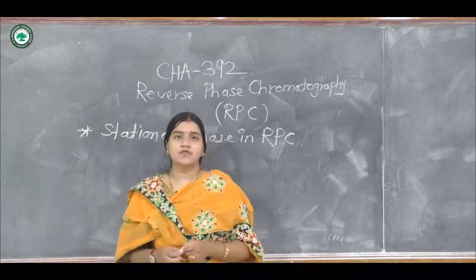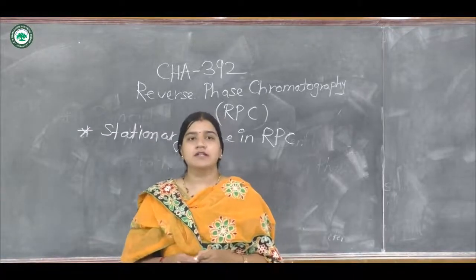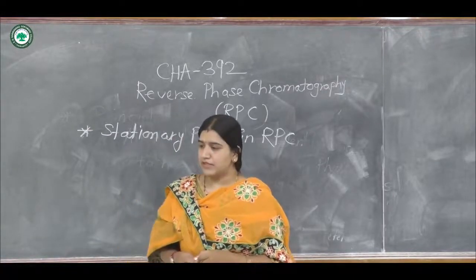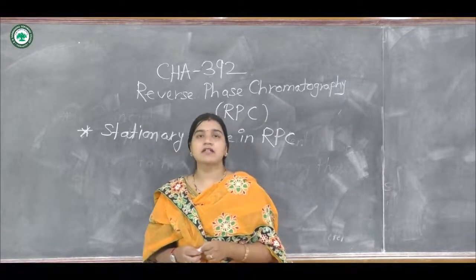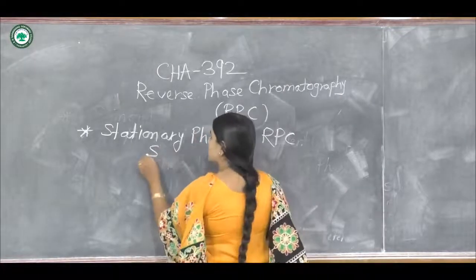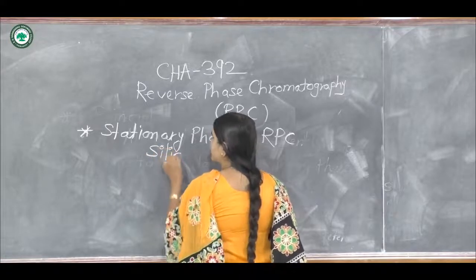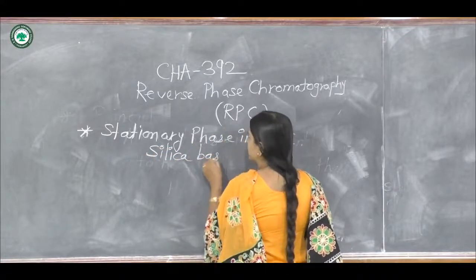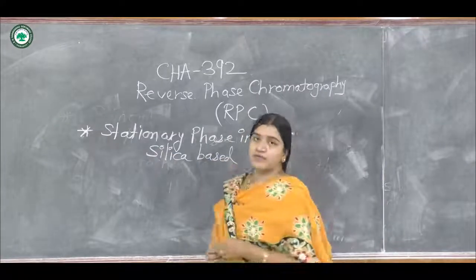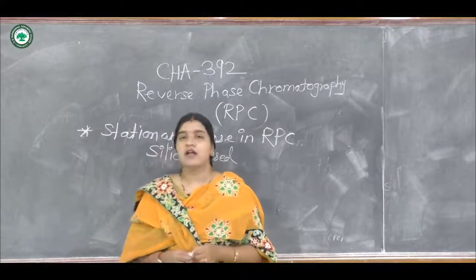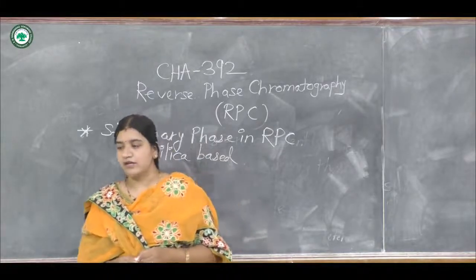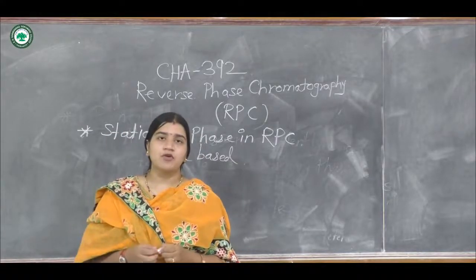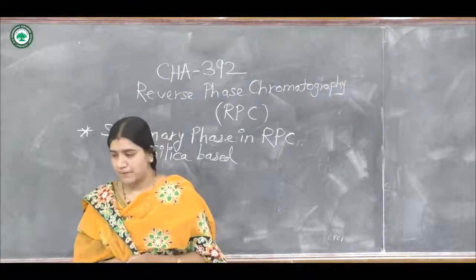As all of you know, in case of RPC, silica is used as the base of the stationary phase. So what are the different types of silica based stationary phases? This is our point of interest. You have to carry out the analysis of different non-polar compounds by using RPC.